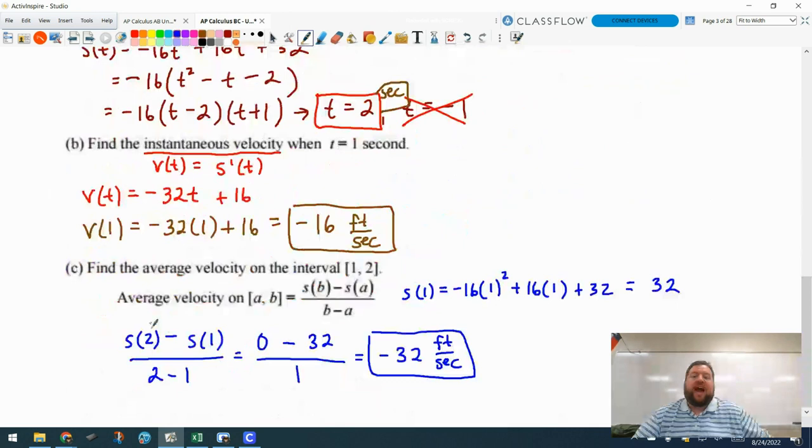Okay, so let's see, 0, 1, 2, 3, 4, right there. 5, 6, 7, there, and then 9. So for the first part, from 0 to 4, we have to find this slope. So rise over run: 6 over 4, which is 3 halves.